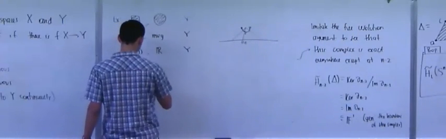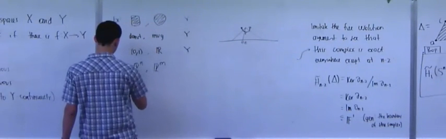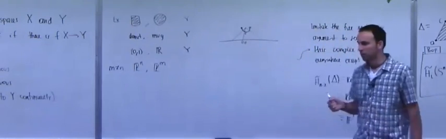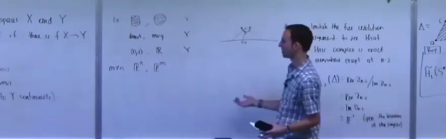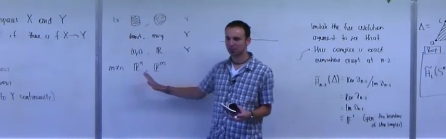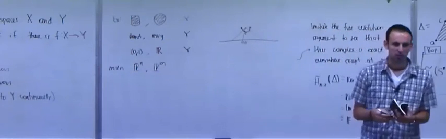Okay, how about R^n and R^m for m different from n? Well, again, you probably know that these guys do have the same number of elements, and there are bijections between them. The question is whether you can make that bijection continuous.